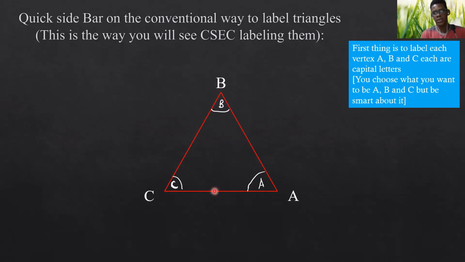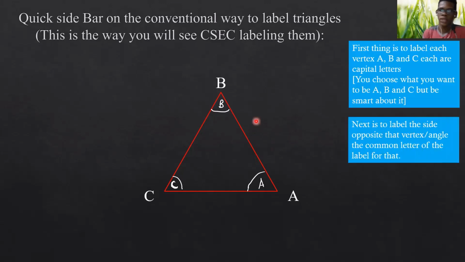Now, with the sides of the triangles, it's the common letter of the angle opposite that side. The vertex here is capital A, so this side is labeled common A. You just go to the capital letter and slide across the angle the side is facing, or you can think of it as the line the angle is standing on.